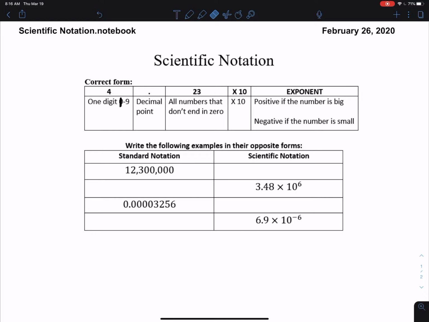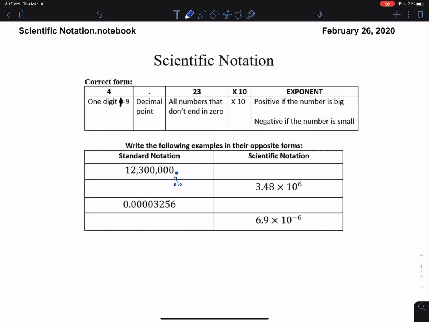So if we look at our following examples, we're going to write our answers either in standard notation, the numbers the way we're used to seeing them, or scientific notation. If we look at this first example, we have 12,300,000. In any number, the original decimal point is at the end if it's not written anywhere.